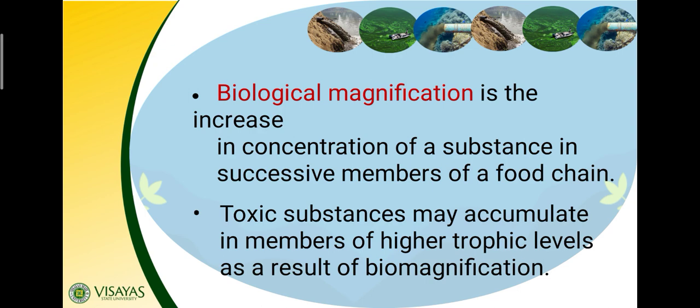This phenomenon is termed biological magnification. It refers to the gradual increase in concentration or accumulation of chemicals as they move along the food chains towards the members of higher trophic levels.